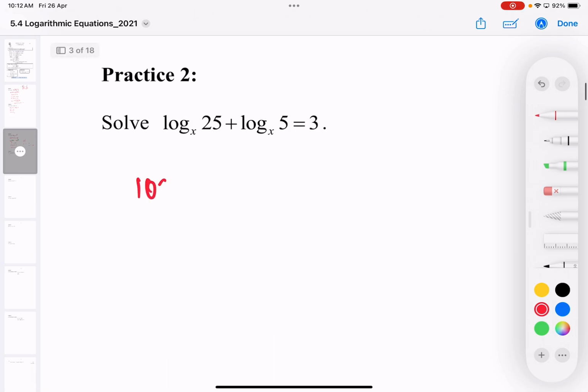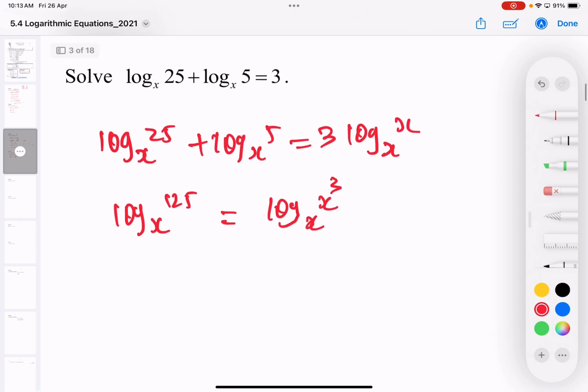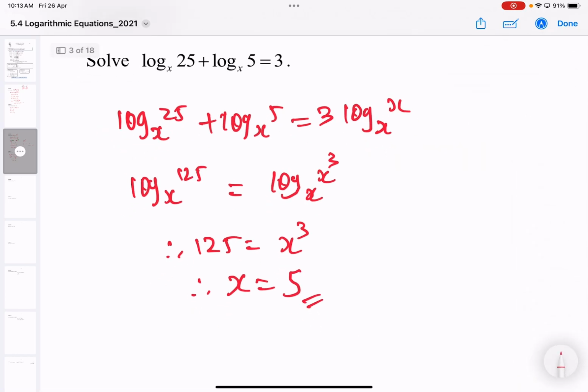Only when you are done. If you're done, you can look up and check your answer with mine.